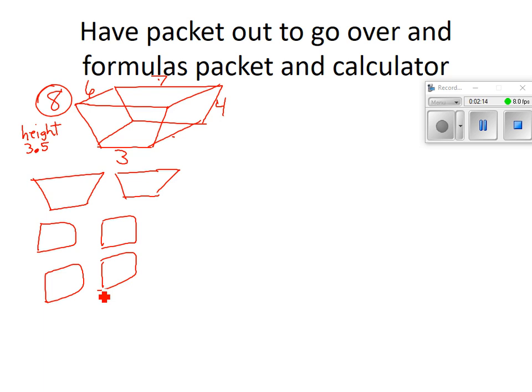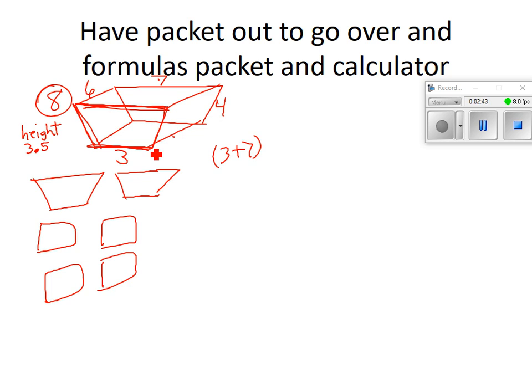Somebody was just asking what's the formula for area of a trapezoid. It's base 1 plus base 2 times height divided by 2. Have your calculators out. Of the trapezoid, which 2 sides are the bases? 3 and 7. Remember, the bases of a trapezoid have to be the 2 parallel sides.